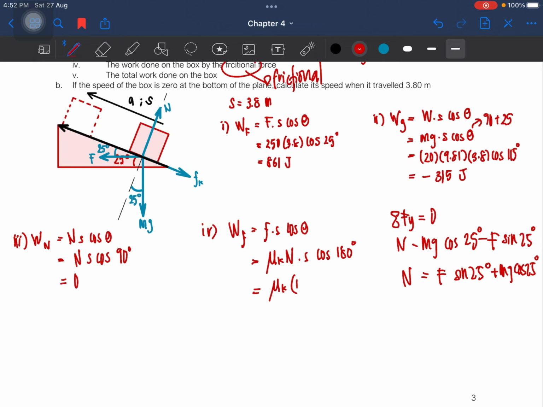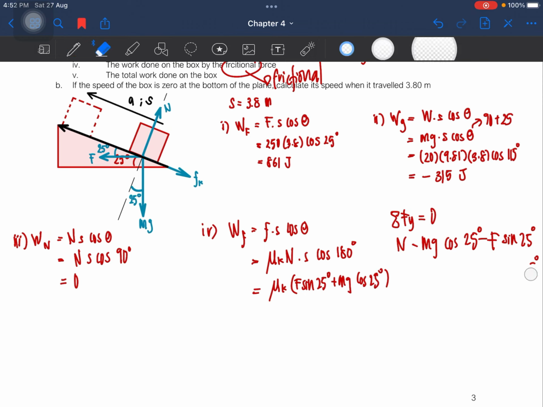Then multiply by s and cos 180 degree, so you will get negative 323 joule. This is where you apply both chapter 3 and chapter 4 in one question.